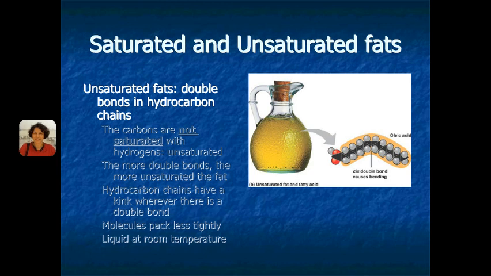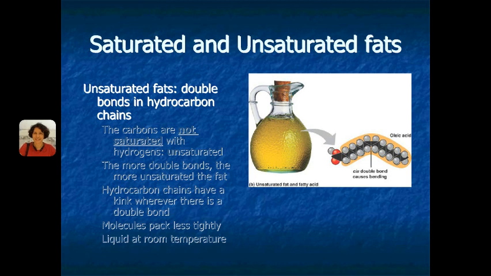And that has as an effect that you're going to have fewer hydrogen atoms. Remember, for each double bond, you're going to have 2 fewer hydrogen atoms. And that's why they're called unsaturated. They're not saturated. They do not have the maximum number of possible hydrogen atoms linked to those carbons.